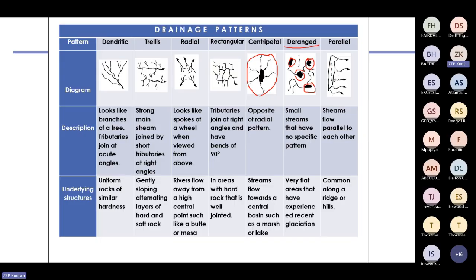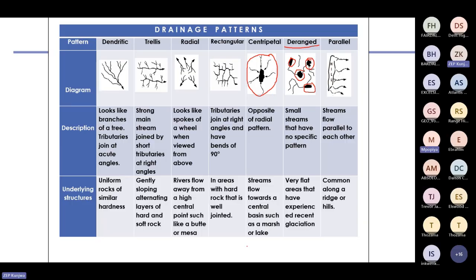I'm not sure if I've answered Stole there. You will indicate if I've answered your question clearly. Stole was asking how to identify centripetal pattern on the map. Because they are all collecting to a dam or to a lake, you'll just look if there are few rivers coming into this lake or dam, then you should know that it's your centripetal.